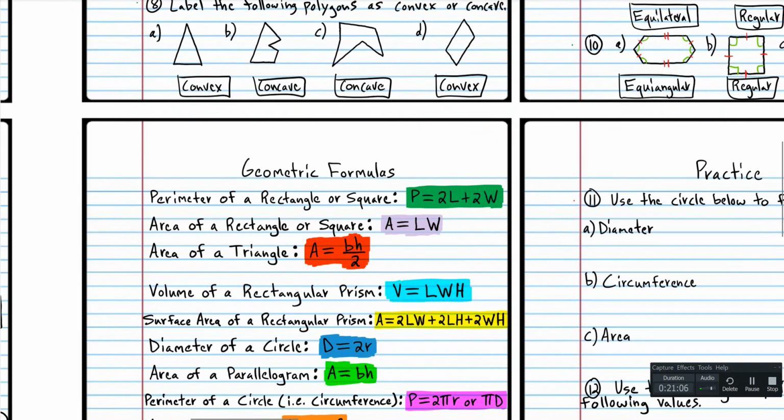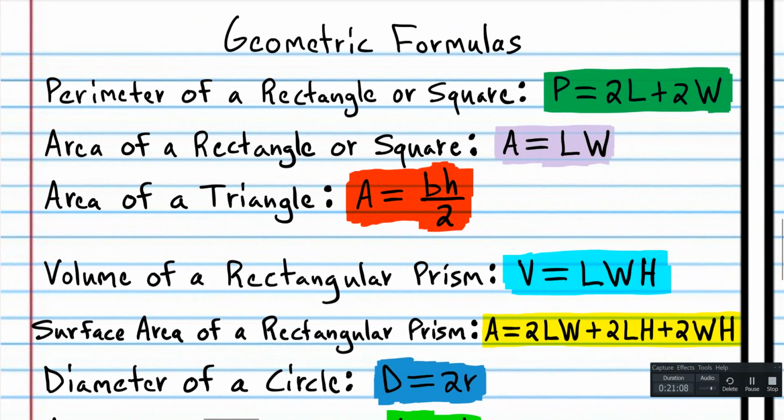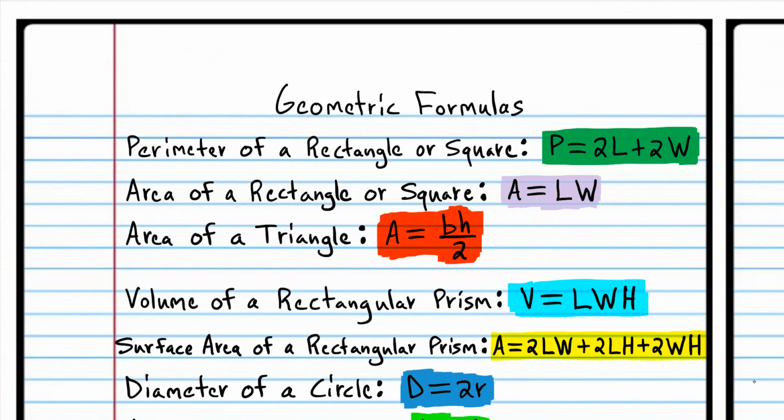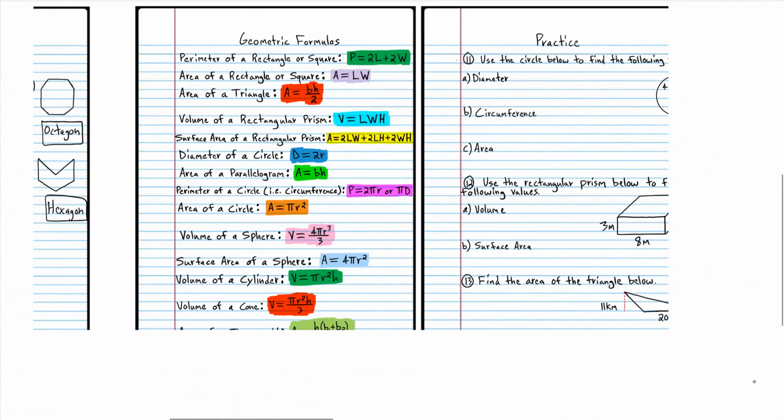Okay, so now we're going to move on to geometric formulas. As you can see, we have quite a few geometric formulas.